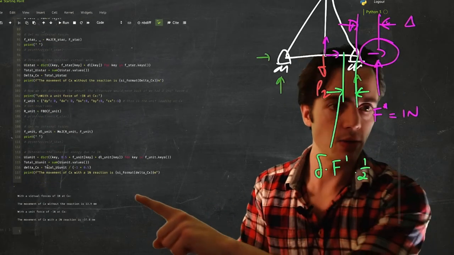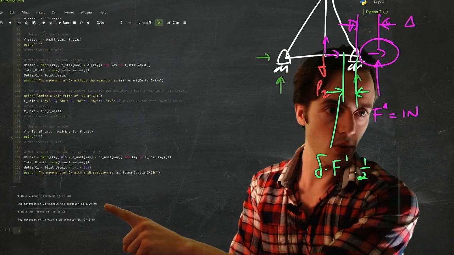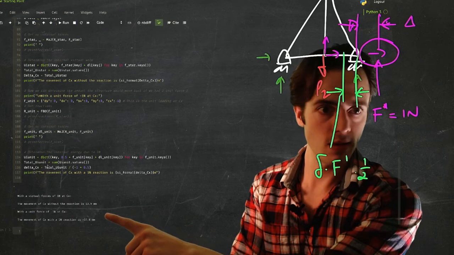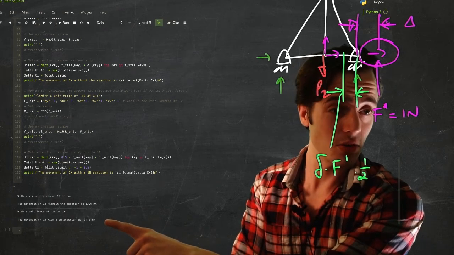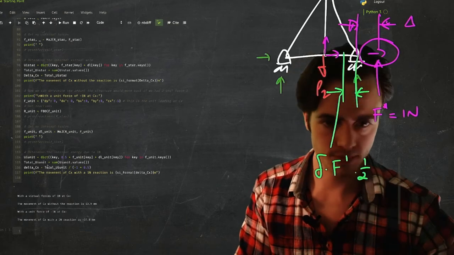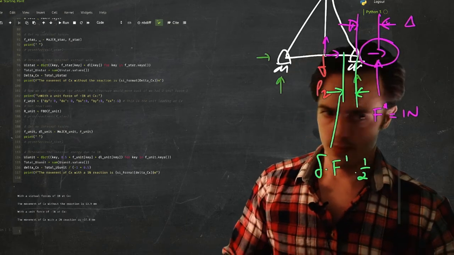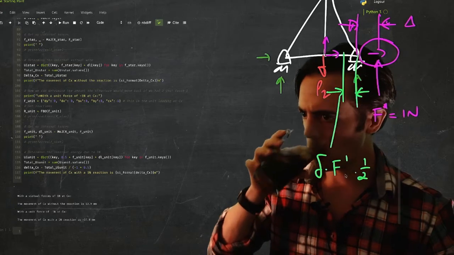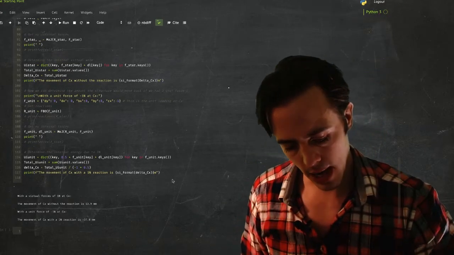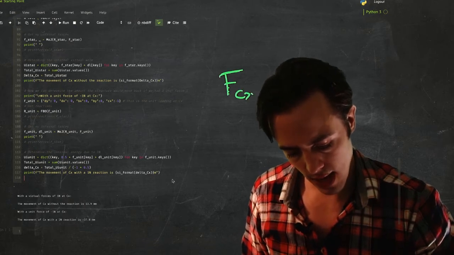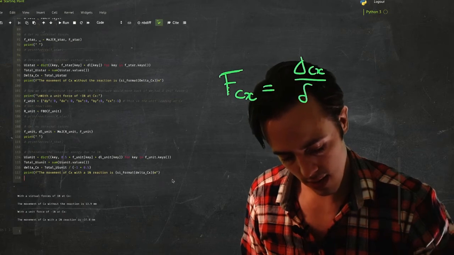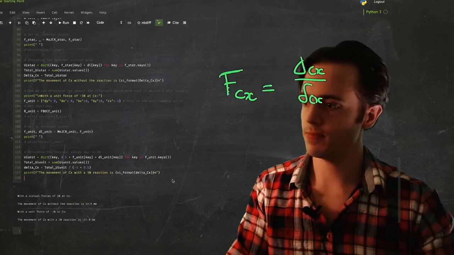So it says that without the support, the structure is going to move to the right 13.9 millimeters. With just a single Newton reaction, it moves to the left by 37 nanometers. The actual reaction is just the ratio of those two together. So our FCx is equal to delta Cx divided by delta Cx.